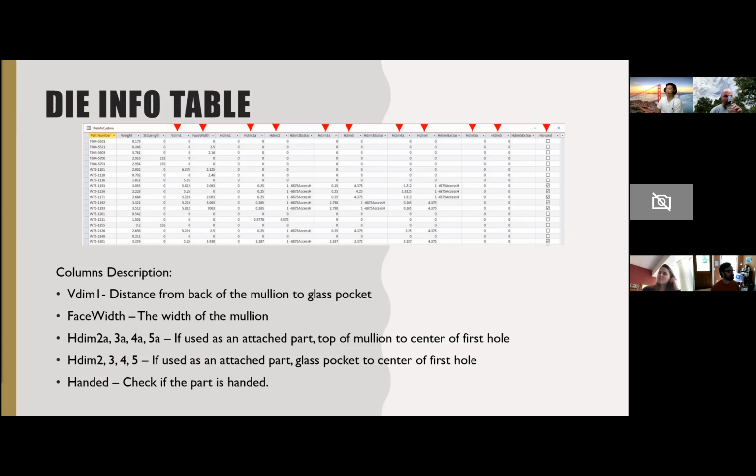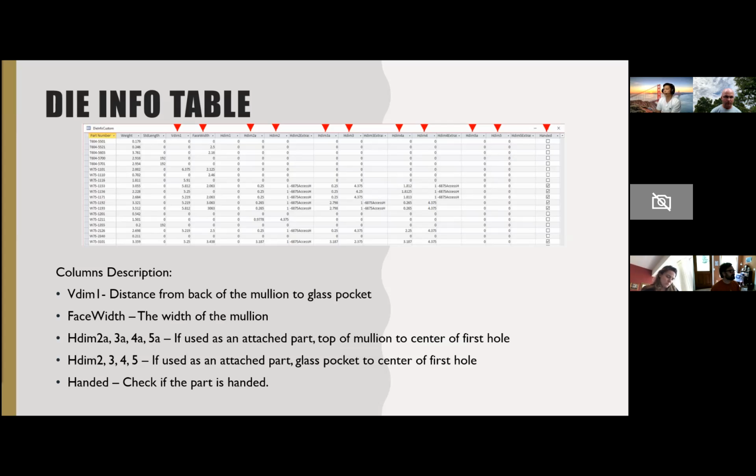Okay, all this information, as you can see on the table, is pretty much entered into the portal. Header will upload the die drawing from the vendor, so we get most of our overall height and width information already complete.